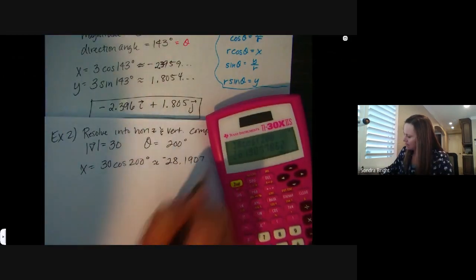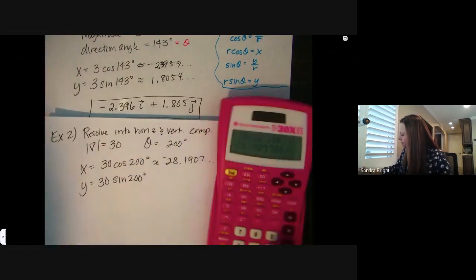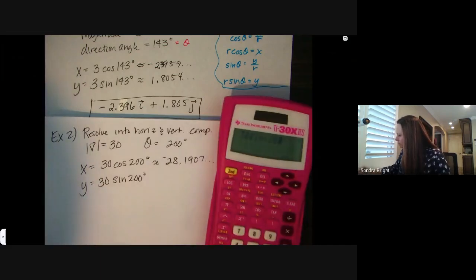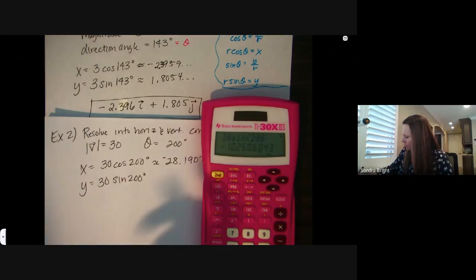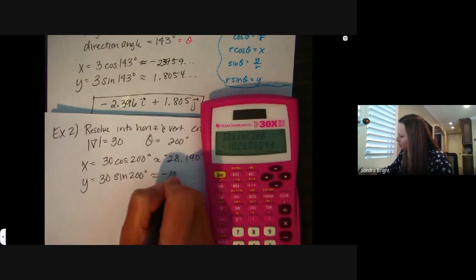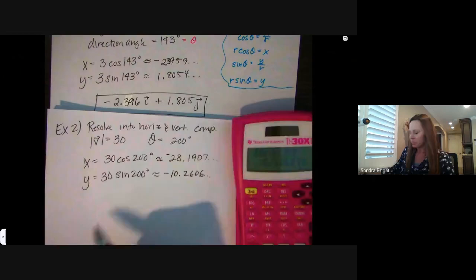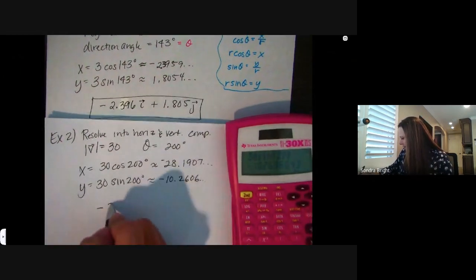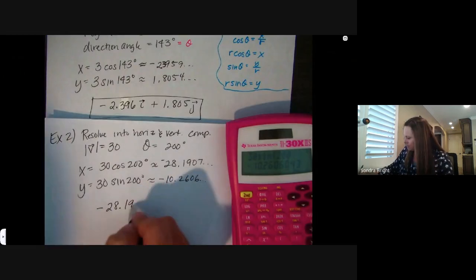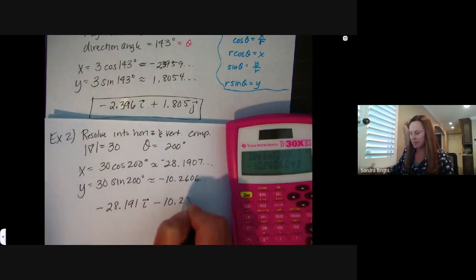And then y is going to be 30 times sine of 200 degrees. There we go. I got negative 10.2606. And so, putting these into their horizontal and vertical components, you would get negative 28.191 times i, plus a negative, so I'm just going to go minus 10.261 times vector j.